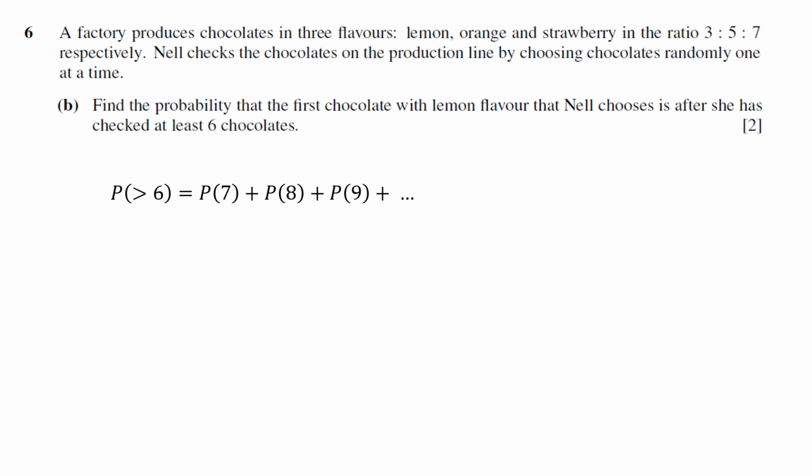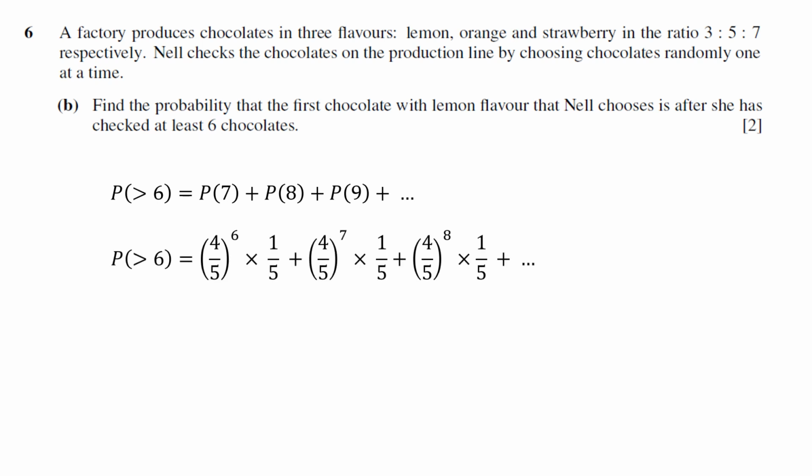So probability of 7 is the probability that she had checked 7 chocolates and got the lemon flavor on the 7th attempt, and the probability of 8 is the probability that she checked 8 chocolates and she got the lemon flavor at the 8th attempt, and so on.